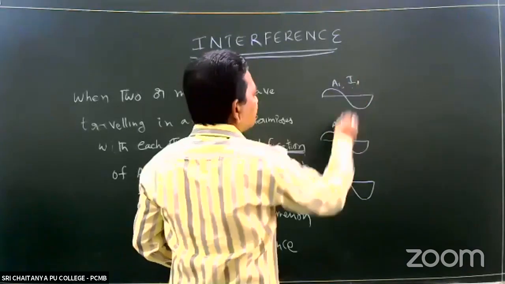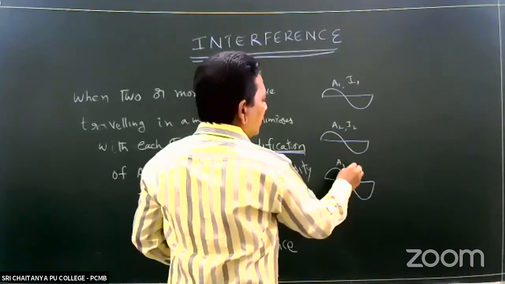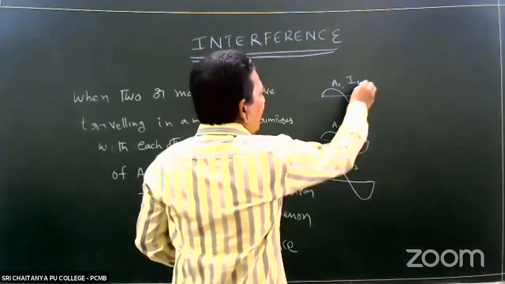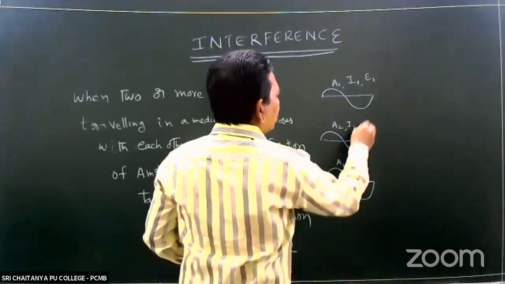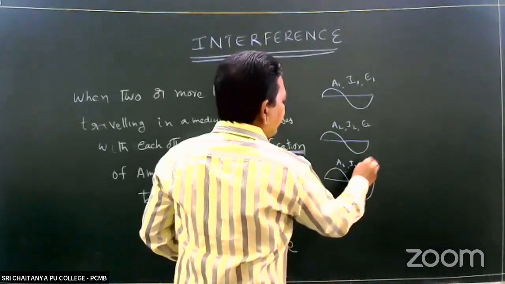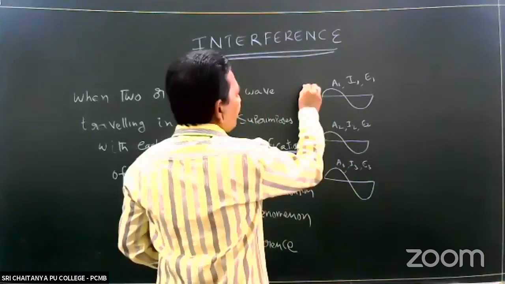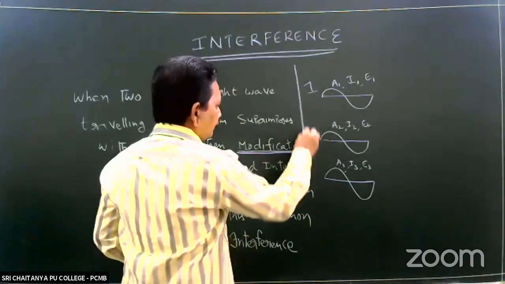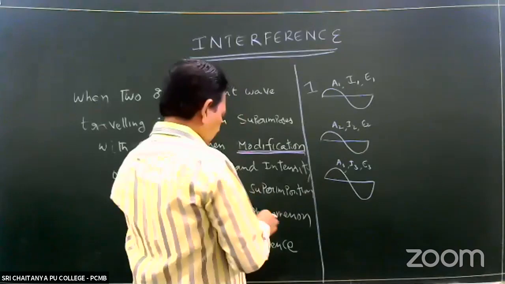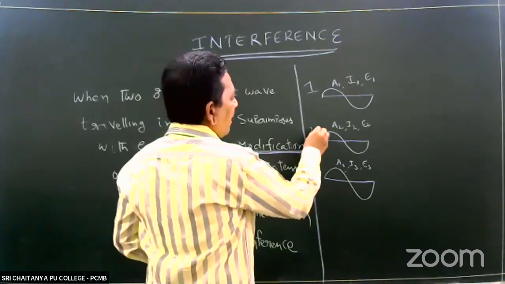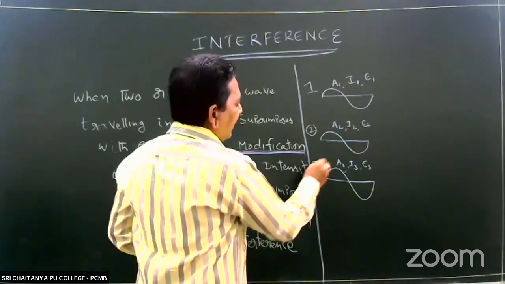Intensity I1, I2, I3. Energy E1, E2, E3.